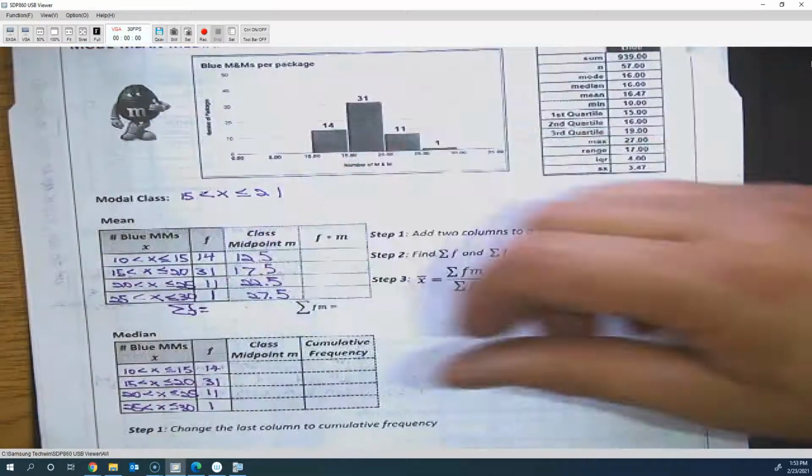Okay, and now I'm going to multiply F and the midpoint. So the frequencies times the midpoints.